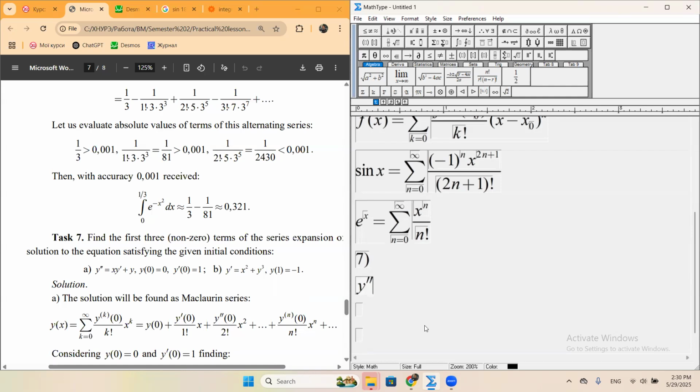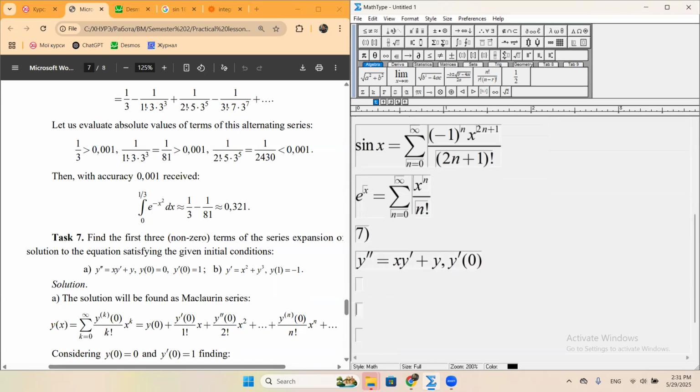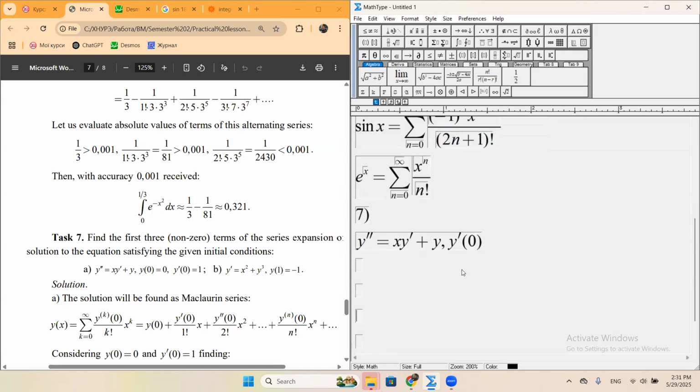y double prime equals x y prime plus y. We cannot solve it analytically, so that's why we have to use integration. We'll integrate this equation using power series.